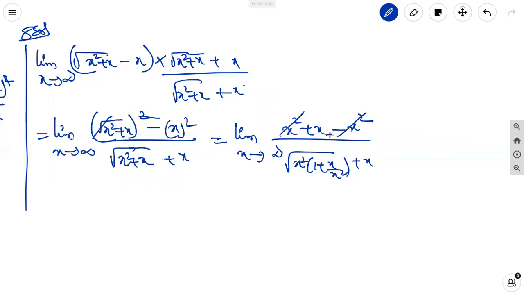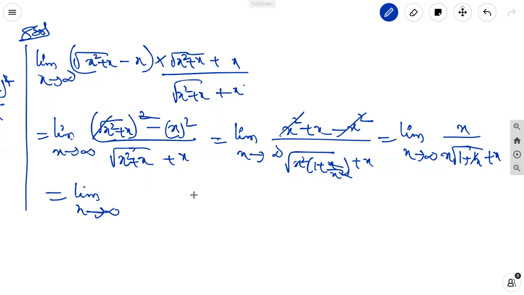The x square cancels, limit x tends to infinity x by, here under root of x square is taken outside, x under root of 1 plus 1 by x, plus x. Taking x common in the denominator, limit x tends to infinity x by x into under root of 1 plus 1 by x plus 1.